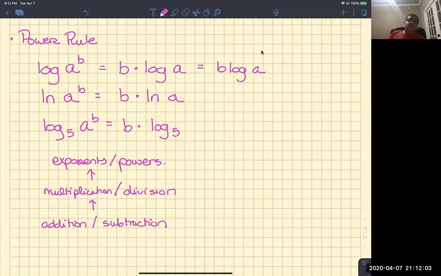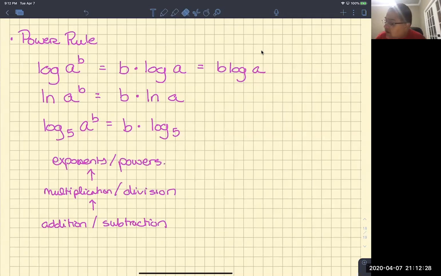So if you have an exponential operation with logarithms, it allows you to rewrite that exponential operation one complexity lower, as a multiplication problem. Likewise, you could take the log of a multiplication problem and write it as addition, or the log of a division problem and write it as subtraction.